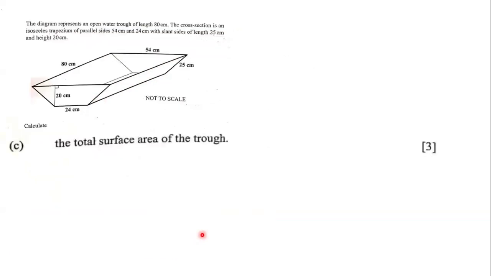Next, we have to figure out the total surface area of the trough. In order to do this, we're going to figure out the area of each of the sides. Once we figure out the area of the sides, we add them together, and that'll be our total surface area of this shape. So we first figure out the area of the front trapezium.